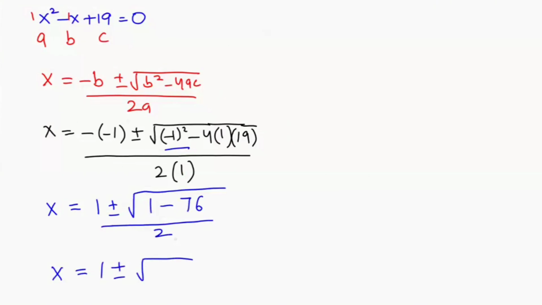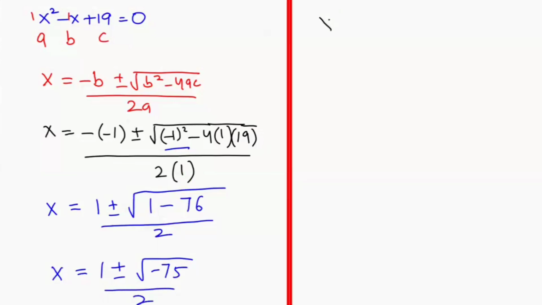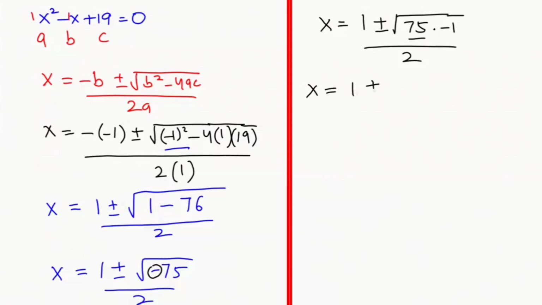I will separate this negative sign, so we're going to express this as √(75 × -1) over 2, and I'm going to split this. I'm going to write x = (1 ± √(25 × 3 = 75) × -1) / 2.